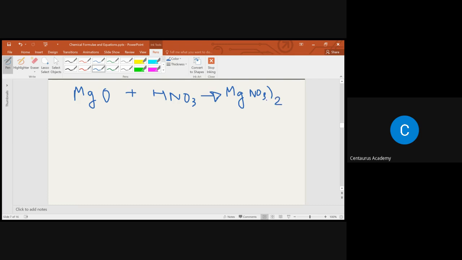How did we find out this formula? Magnesium is basically Mg2+. NO3 is minus 1. For simple ionic compounds, we are going to swap these valencies and simply drag them down.